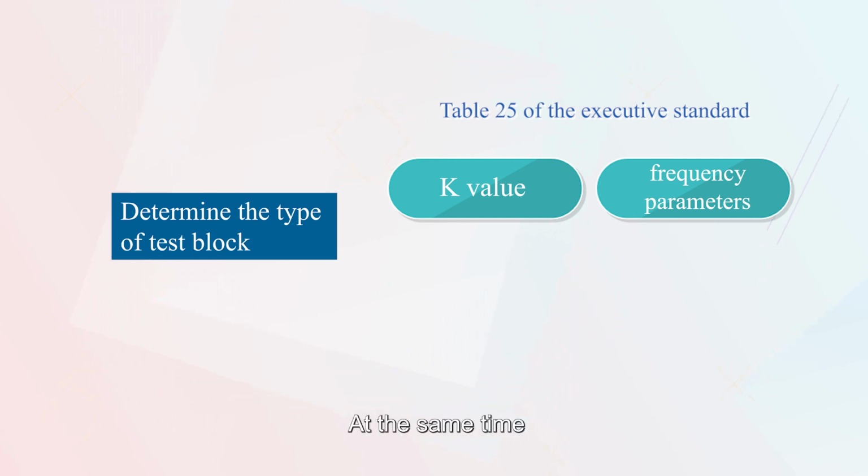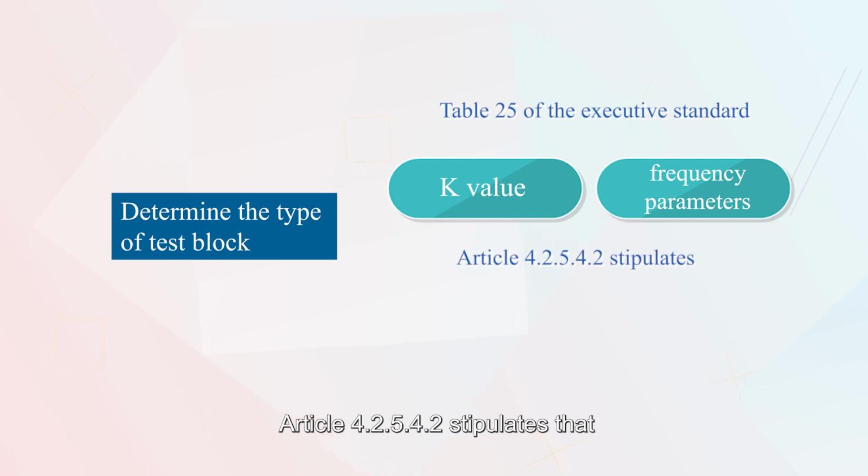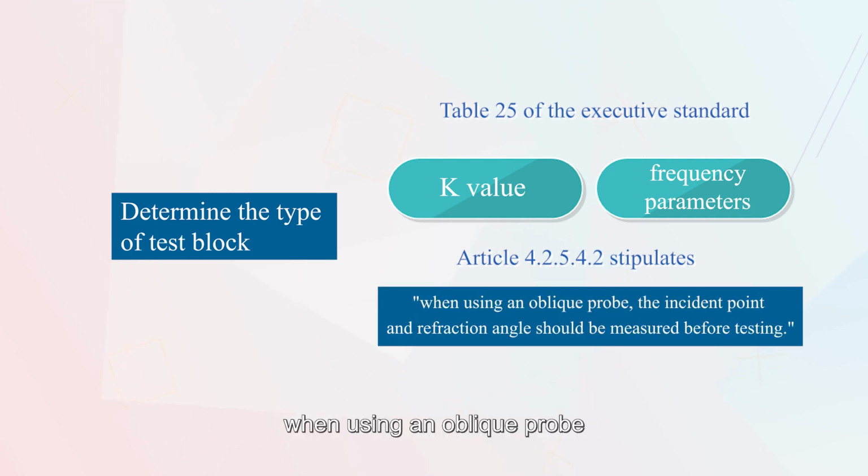At the same time, Article 4.2.5.4.2 stipulates that when using an oblique probe, the incident point, front distance, and refraction angle K value should be measured before testing.